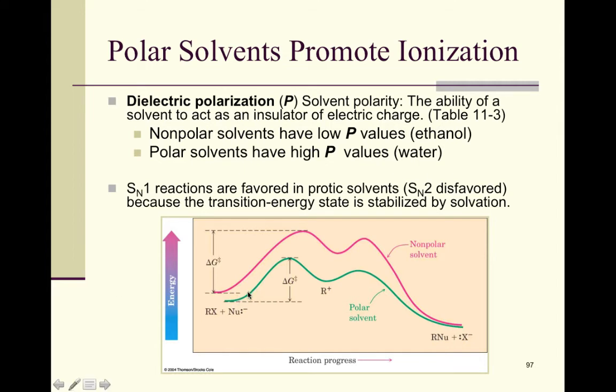When we use a polar solvent, this delta G is lowered, and we can have the reaction happen quicker because our activation energy, the energy required to get to the step, is lower. We have our carbocation formed here, and our polar solvent keeps it stable. Polar solvents are favored in SN1 because the carbocation is formed, where in SN2 it's disfavored because it keeps the nucleophile from doing its job.